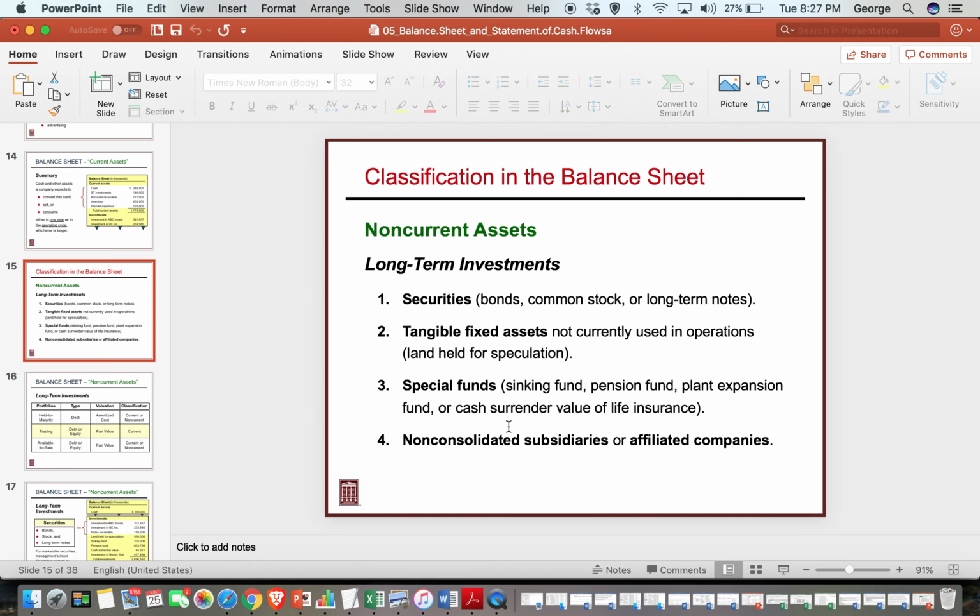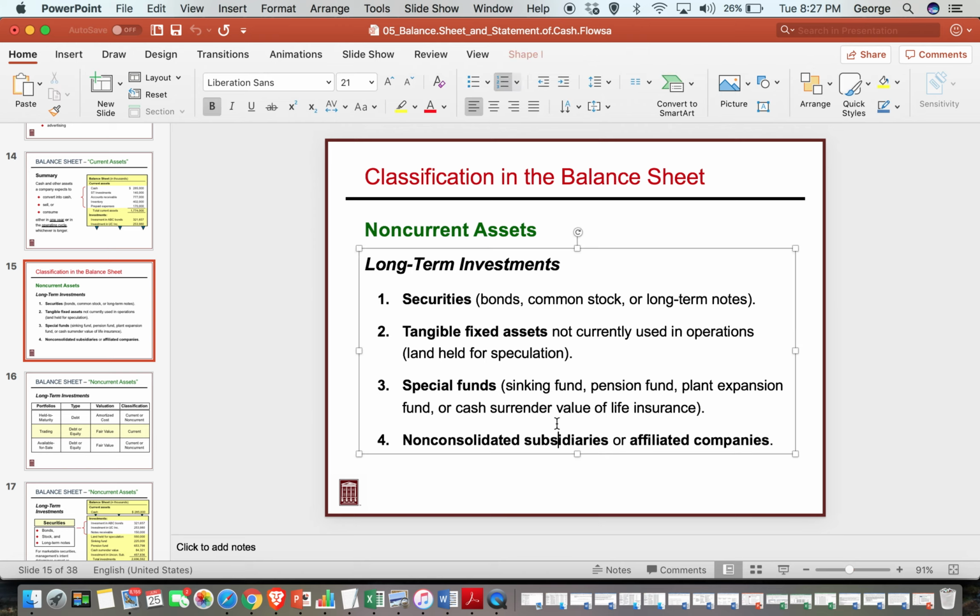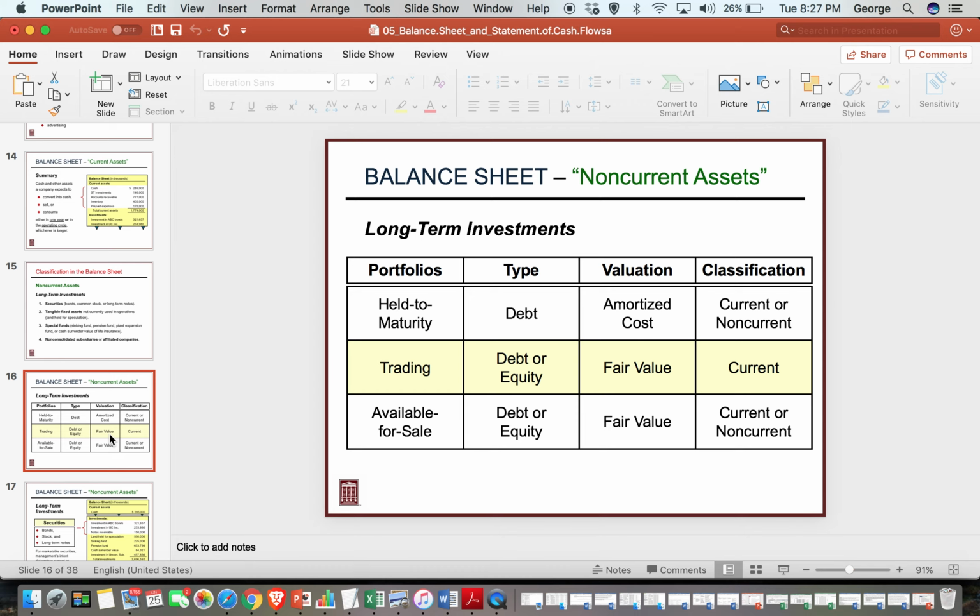Any special funds, such as a sinking fund, pension fund, plant expansion fund, or cash surrender value of life insurance, can all be shown as long-term assets. And non-consolidated subsidiaries or affiliated companies that we're using the equity method or cost method to account for would be shown as a non-current asset.